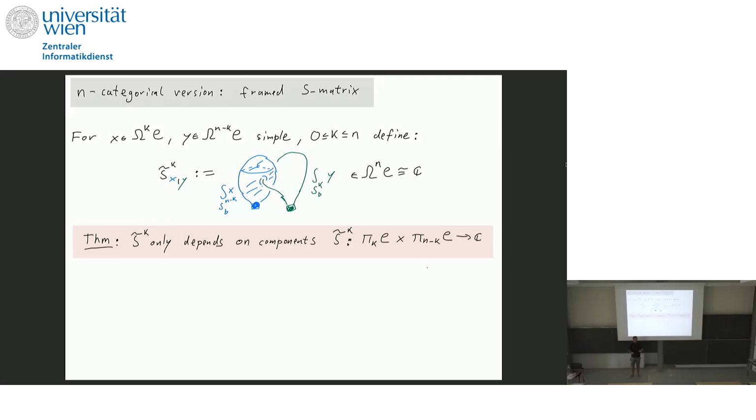But now we have to prove something stronger. We have to prove this is actually independent up to component. And only then does it become an interesting pairing, because the equivalence classes could be really, really large. There are examples of higher fusion categories where you have infinitely many equivalence classes of simple objects, but only finitely many components. And so this is really important to get down to some finite matrix. And here's a proof sketch.